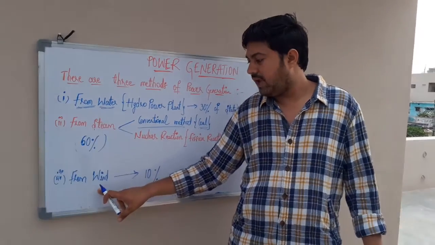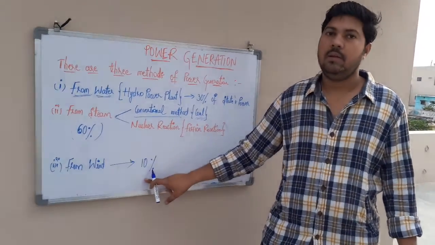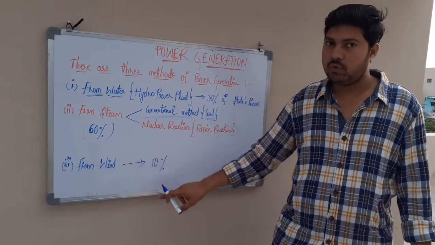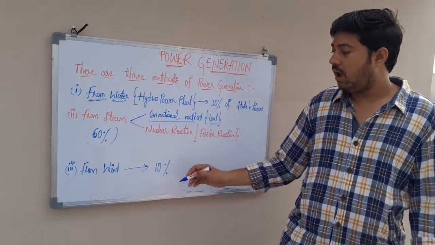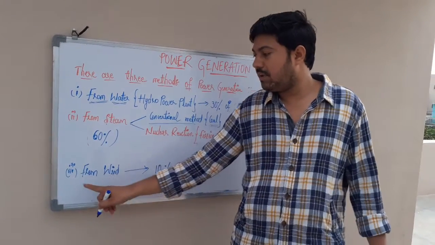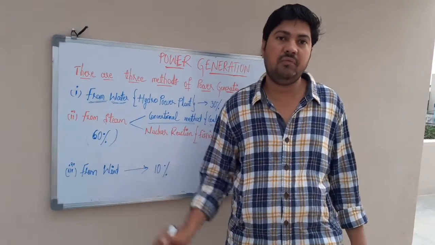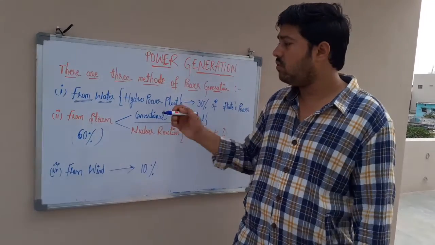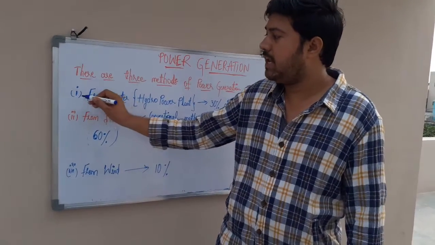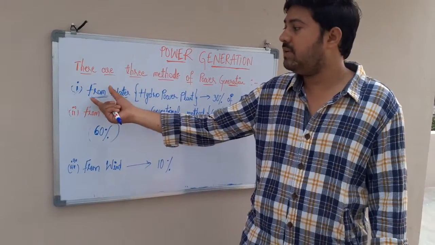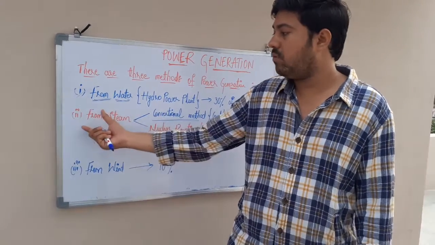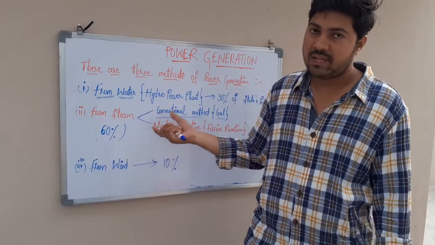Out of the total power in the state of Andhra Pradesh, around 10% is generated from wind. Now in this video, I am going to explain the first two methods, that is, how power is generated from water and how power is generated from steam.